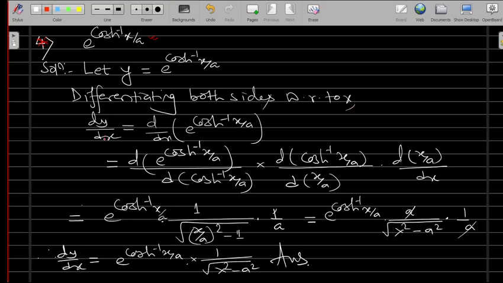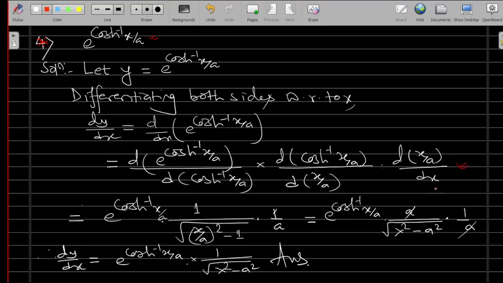Then on the left side we have dy by dx, and on the right side the derivative of e to the power hyperbolic cos inverse x by a. That is the derivative of e to the power of the function, times the derivative of hyperbolic cos inverse x by a with respect to x by a, times the derivative of x by a with respect to x. This is the expanded form, I have mentioned it clearly.